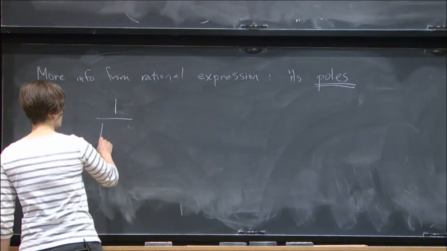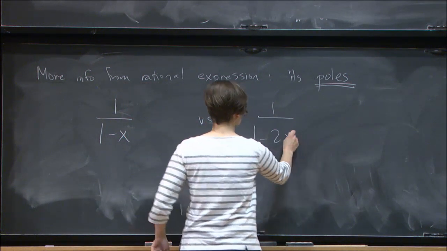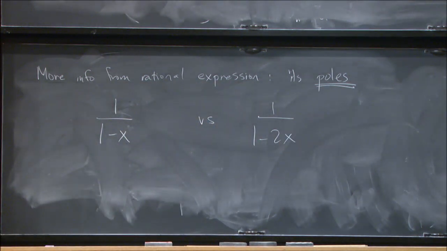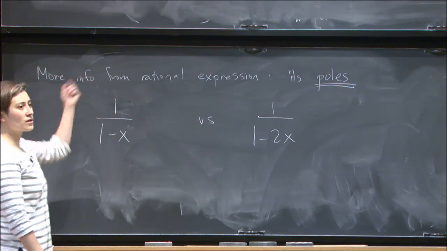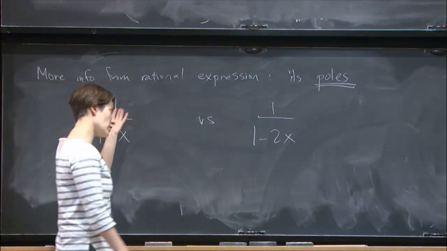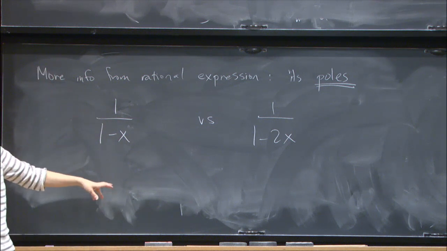So let's think about our two different prototype examples, 1 over 1 minus x versus 1 over 1 minus 2x, and what's different. Poles of a rational expression are the roots of the denominator. They're the places where the expression blows up.